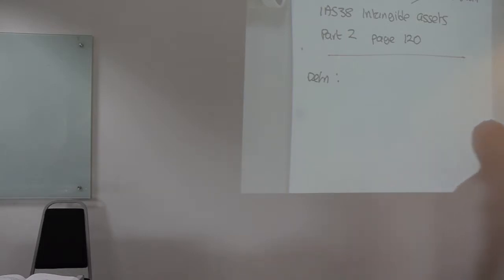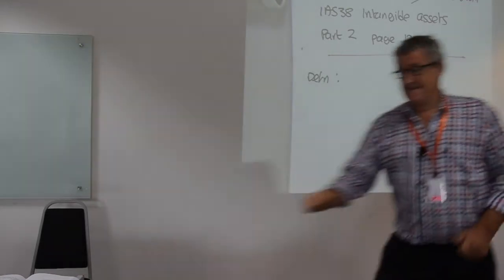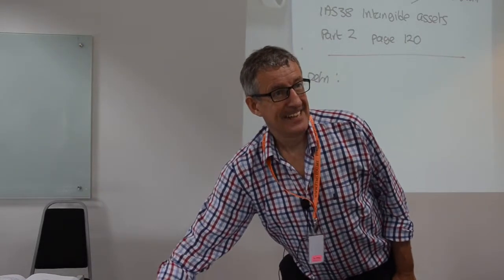IAS 38 deals with intangible assets. It does specifically exclude deferred tax balances and pension balances, and specifically excludes goodwill. Let's start with the definition, then we can talk about the examples.